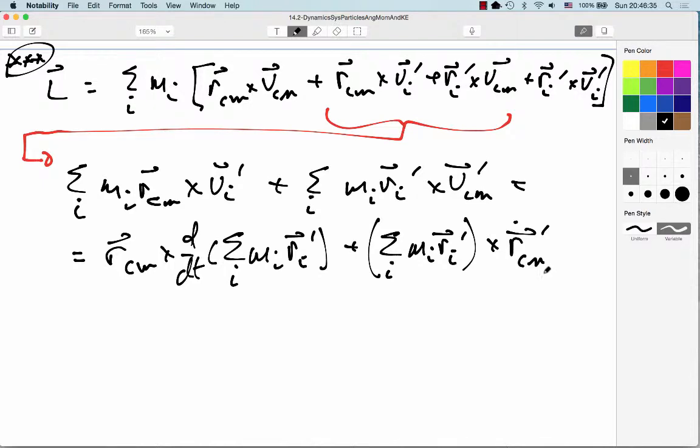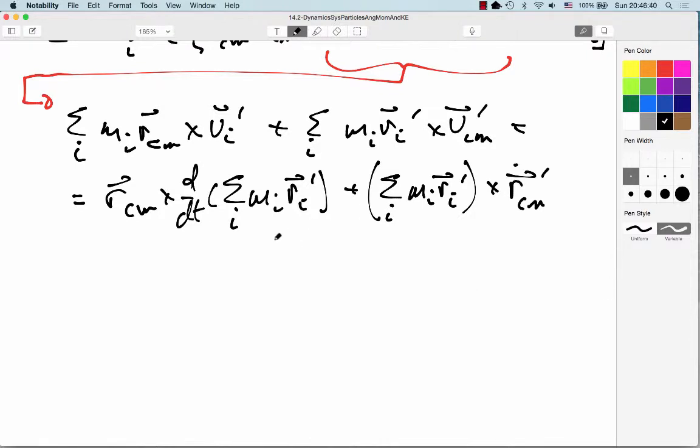Well then, in both cases here, let's look at this one first. This term, I assert, is equal to 0. Why is that? Pause the video and I'll see you on the other side.